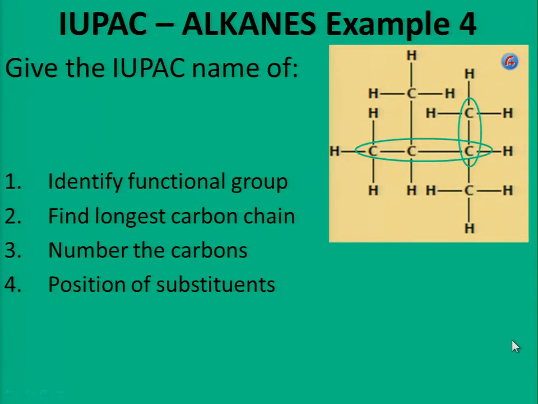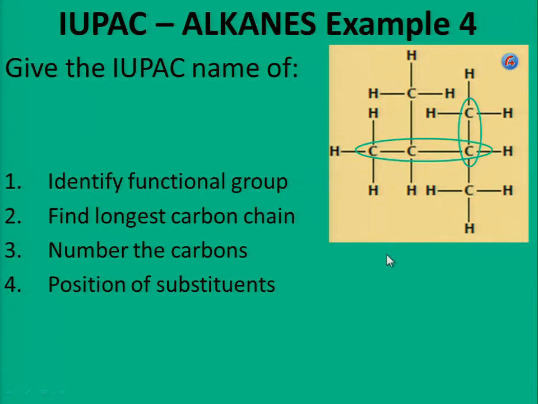Example 4. Give the IUPAC name of this molecule here. Your steps are: identify the functional group. Here there are only single bonds, so it is an alkane. Find the longest carbon chain. Here it goes. Carbon, carbon, carbon, carbon. Therefore, this CH3 here and this CH3 here are branches.